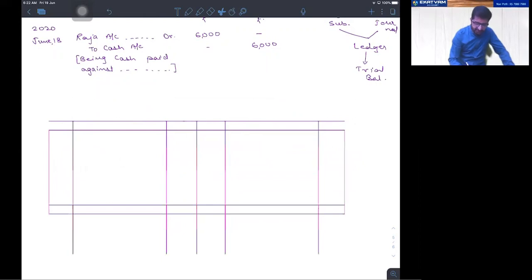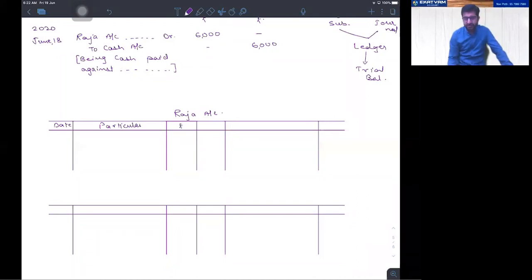So if this is Raja account, we'll have the columns as what? Date, particulars, and amount in rupees. Here we don't write debit or credit in the amount column, but we write on the top of the ledger account. On the debit side, we write DR. On the credit side, we write CR.